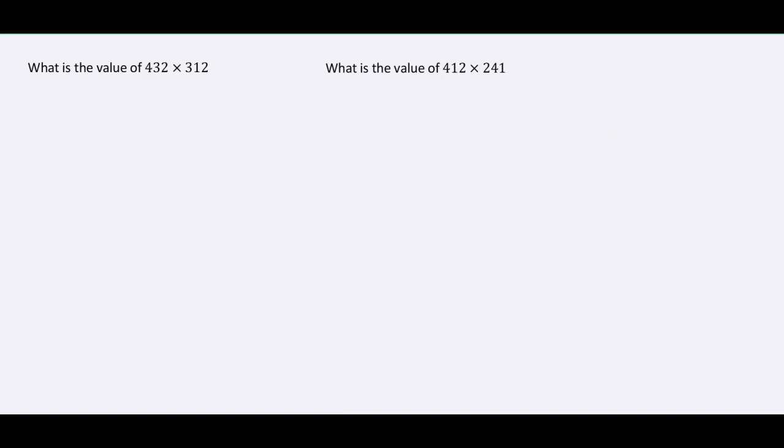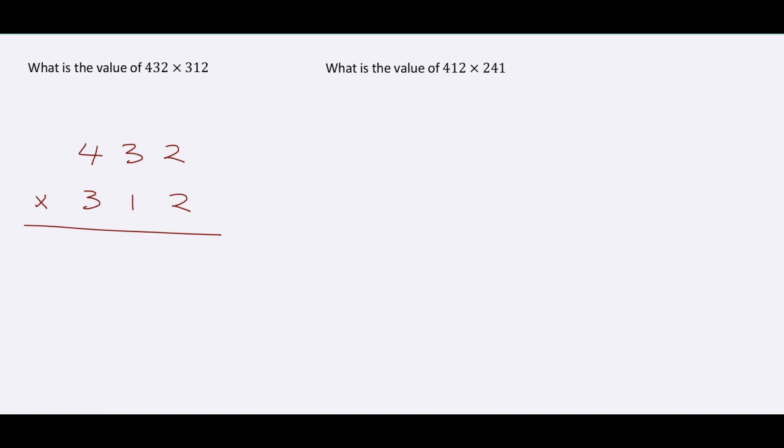So we have 432 multiplied by 312. So we have 432, then 312. So we arrange them vertically and we multiply. We're going to start from the right hand side.